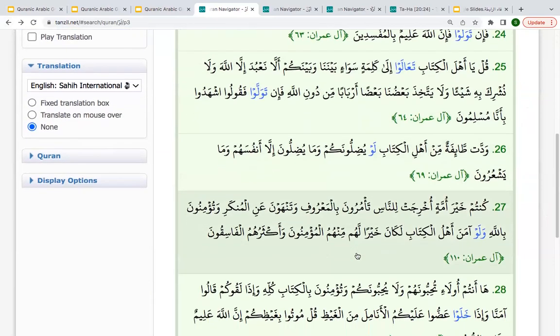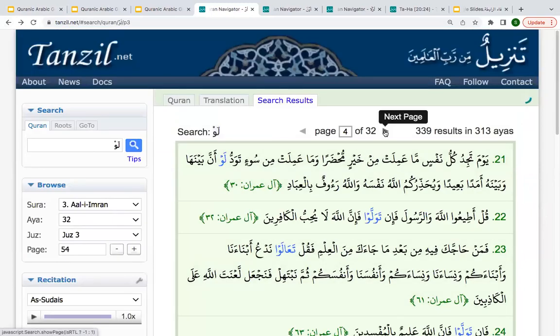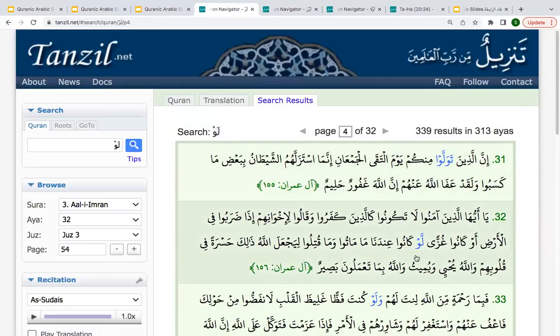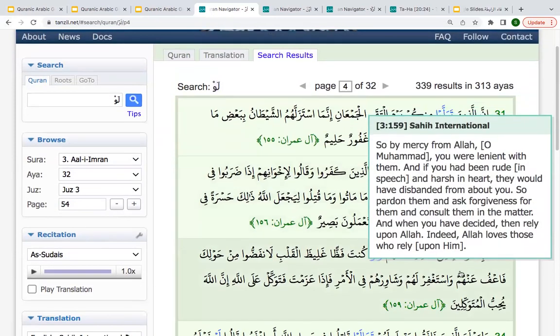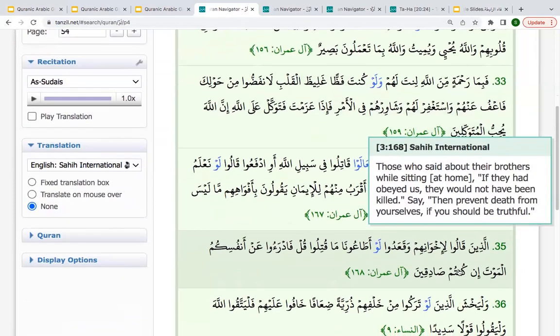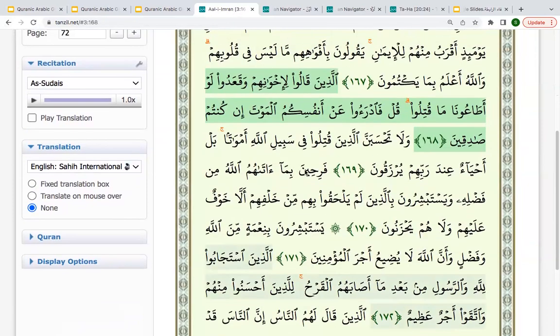Now, there are a lot of tawallu, and I need to look at something other than tawallu. What are we seeing here?